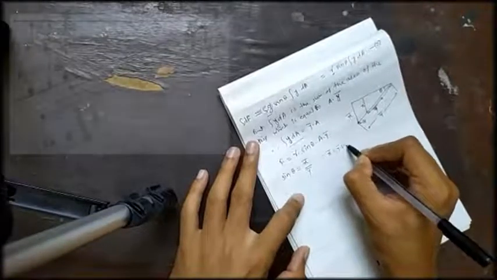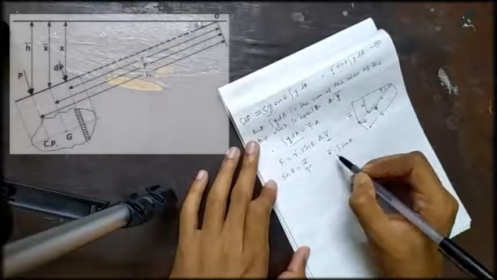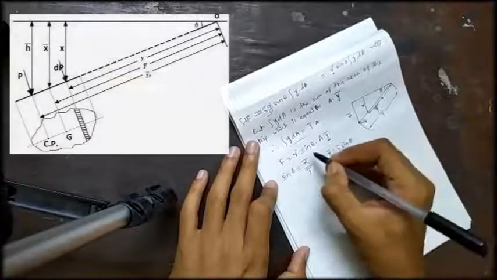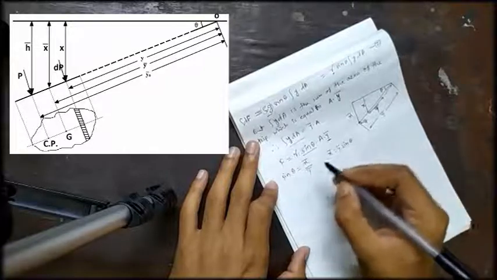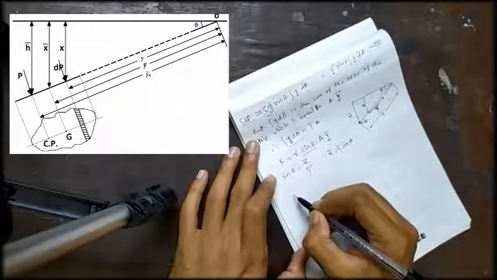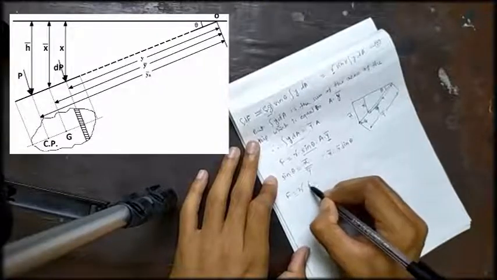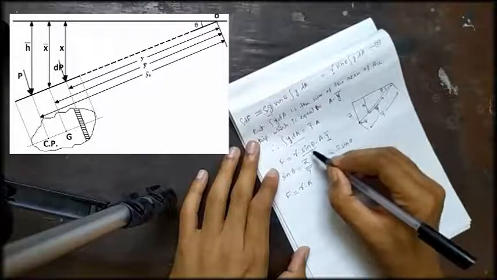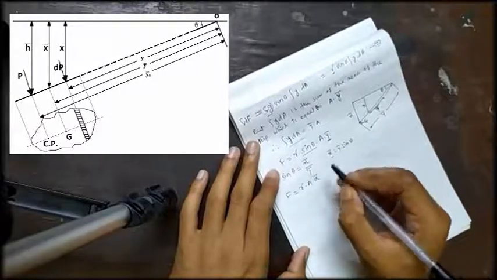So now we will put in this value of y bar sine theta. Our force becomes F is equal to gamma into A into, now this y bar and sine theta can be combined and written as x bar.